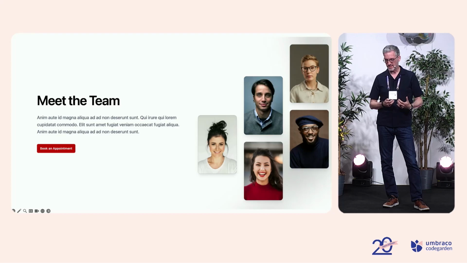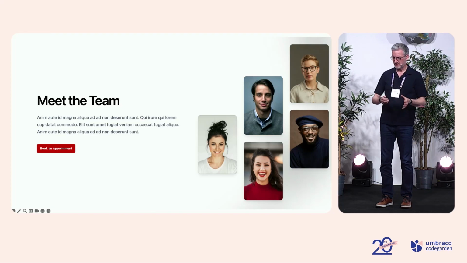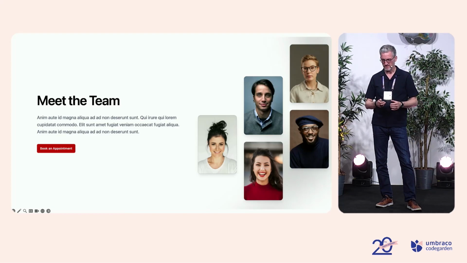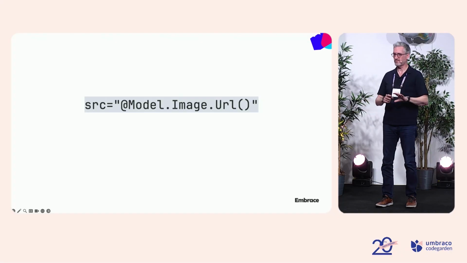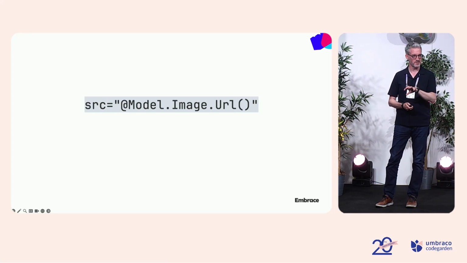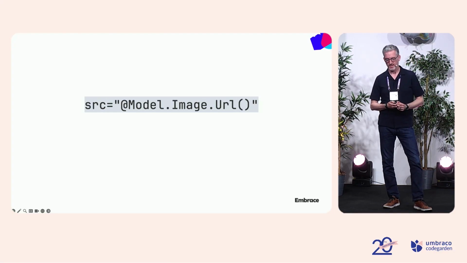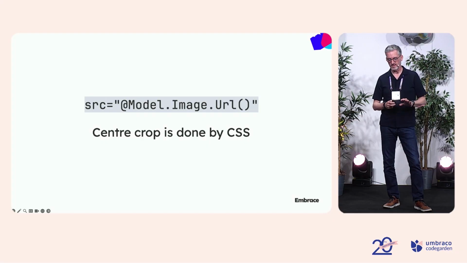So when we look at our Meet the Team design, we can see we've got a nice and consistent set of images there. And probably what we've just done is injected the image inline. We're using model.image.url. That's what the documentation will tell us. That's how you put an image into a view. And we've probably got the center cropping part handled by CSS.